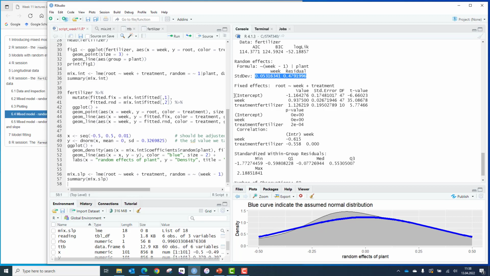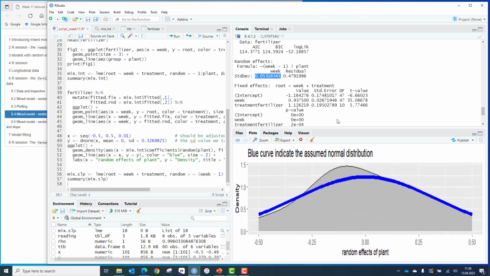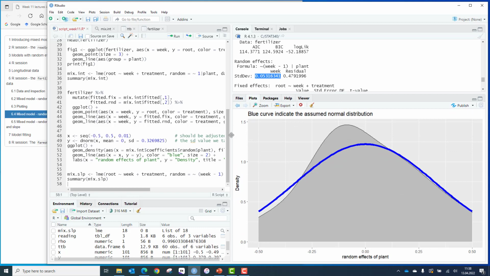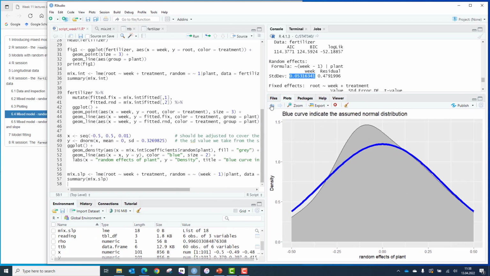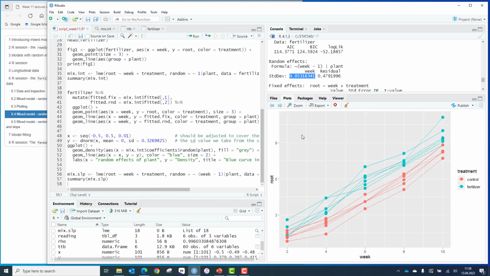Now this first one here is a variation in slope, not in intercept, right? And that's why it's so much smaller, because if you look at the data, the slopes don't vary that much between the plants. If we go back and look at this plot here, you can see that the slopes are more or less the same for each plant. So this should be small, right?